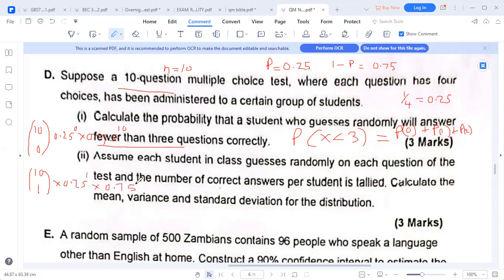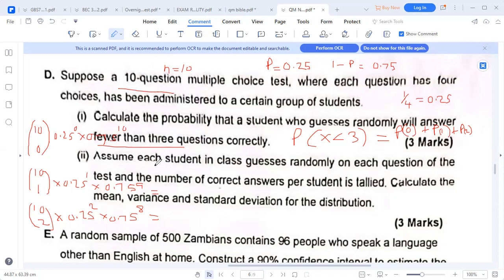The 1 comes here and the 9 comes there. And finally, probability of 2: 0.25 there, 0.75 there, the 2 comes here, and the 8 comes there. Add all these answers and sum them up. That is fewer than 3. But if they said 3 or fewer, we would have included the 3.